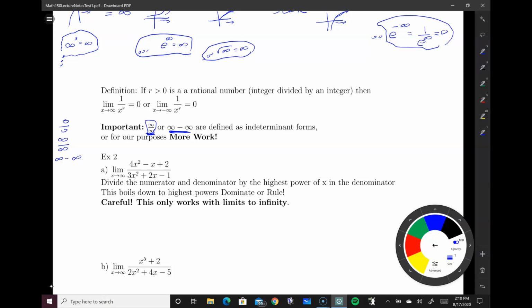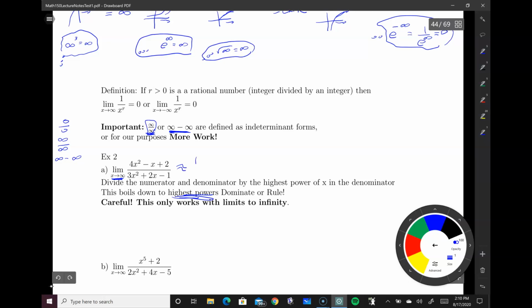Okay, so if I was to put in infinities here, I'd have infinity minus infinity plus 2, infinity plus infinity minus 1, all over infinities. Okay, so what I'd like you to do is to think about the highest powers. When we're going towards infinity or negative infinity, the highest powers rule.